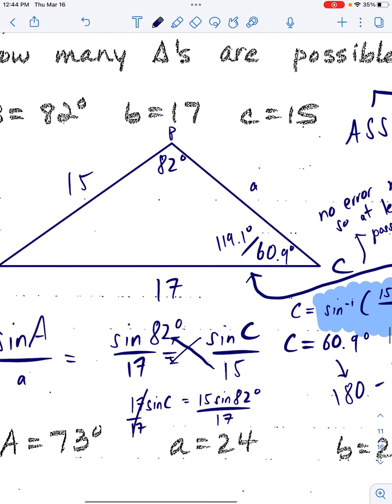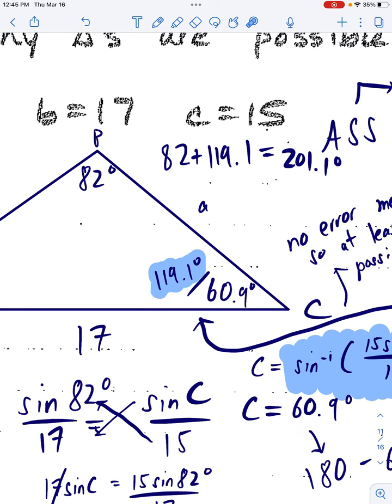All right, let's think then. Let's pretend we picked this angle. Can we have a triangle with an 82-degree angle and a 119.1 degree angle? Well, if we do 82 plus 119.1, that gives us 201.1 degrees. You cannot have a triangle whose angles sum to more than 180, so there can't be a 119.1 degree angle there. That means our alternate answer for C cannot be true.